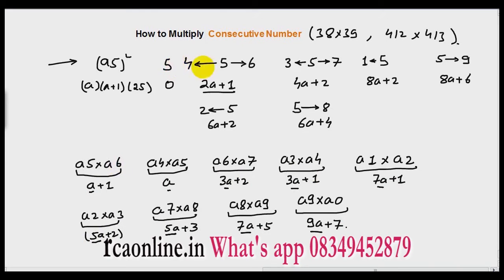For our initial square numbers, I have just told you the trick to remember the initial part and the sum of the first part also. So what you do, you take the average of the two numbers to find the first coefficient of a. So if I have 4, 5 and 6, for 5 it is 0 because we have not learned any formula of this pattern. So I have put it 0.